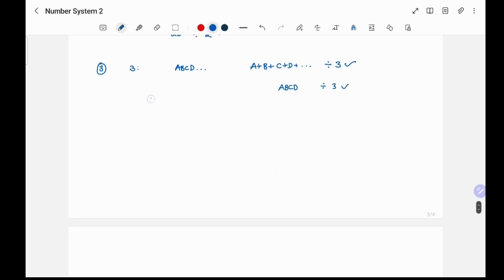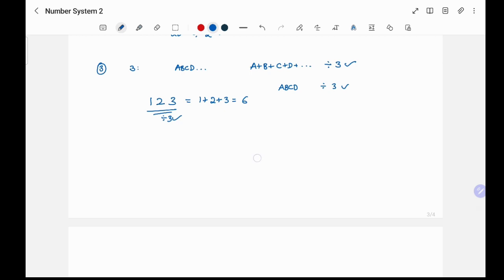I'll give you an example: 123. Looking at the number, we couldn't tell if it is divisible by 3; we would have to go and divide. But if you just add these digits, it gives 6. 6 very well we know is divisible by 3. So they are saying the number should also be divisible by 3.